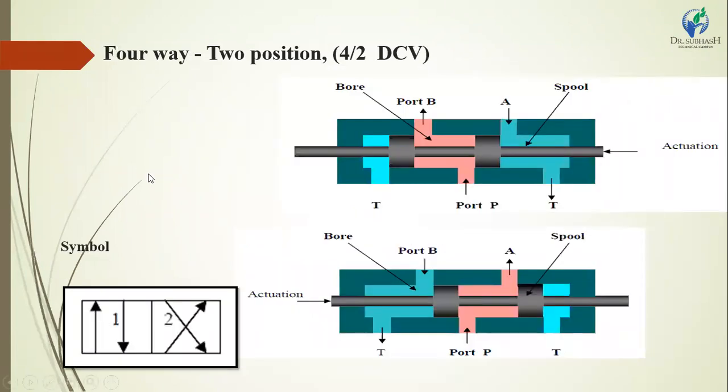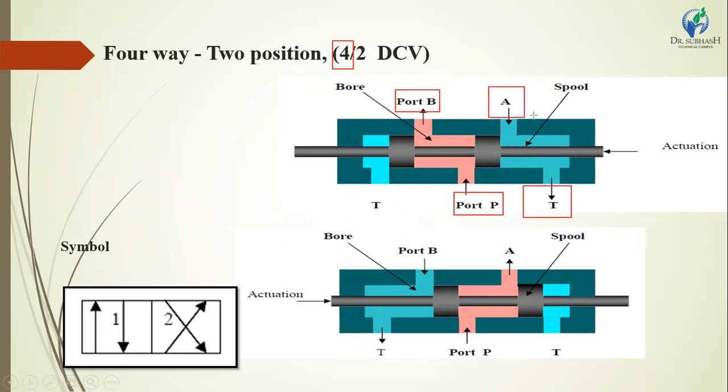The next is a 4-way valve with 2 positions. Here the meaning of 4 is the number of ports: port 1, port 2, port 3 and port 4.